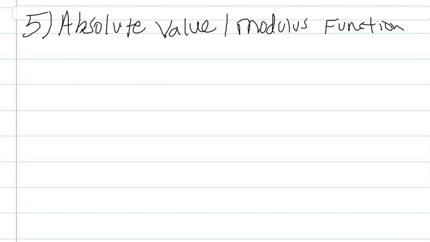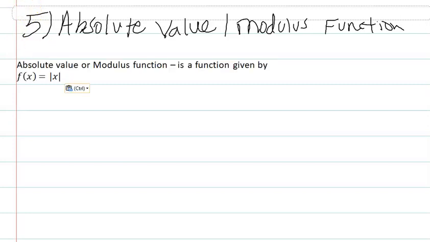The next is the absolute value function, or modulus function. The absolute value function is a function given by f of x equals the absolute value of x. In the absolute value function we have a domain and a range.